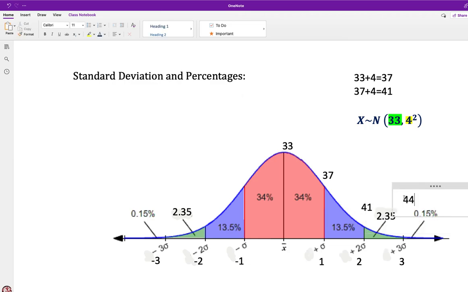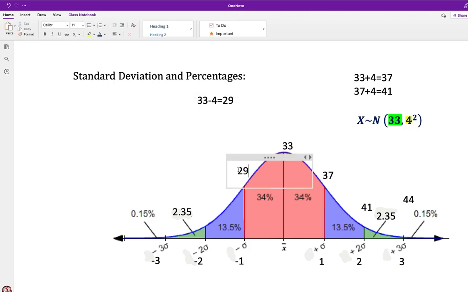This would be 45. This may sound really basic, but fill in these numbers every time we get one of these questions that are coming up. Now, we went plus on this side: plus 1 standard deviation, plus 2, plus 3. Now we're on the minus side. So this would be 33 minus 4, which equals 29.